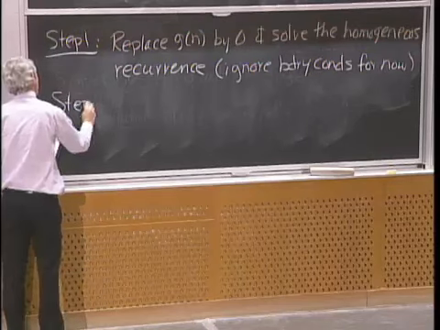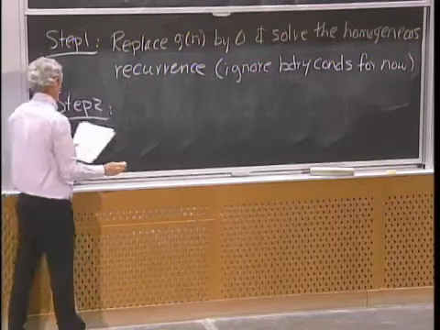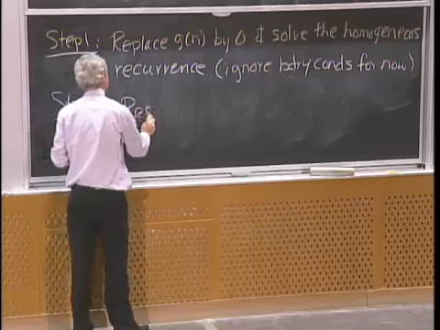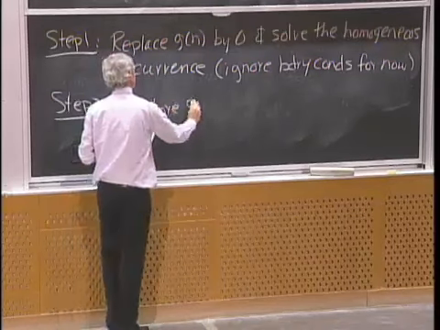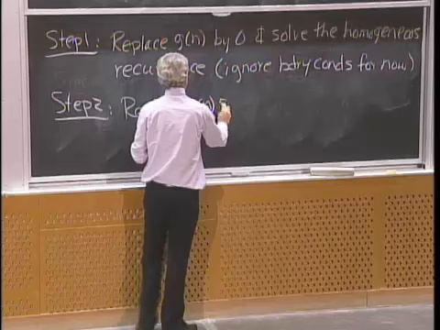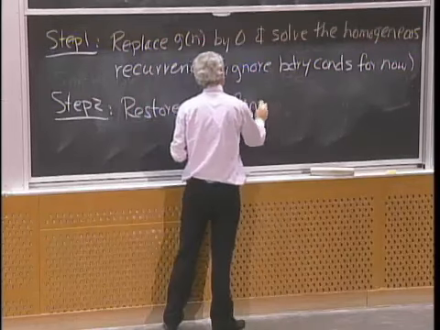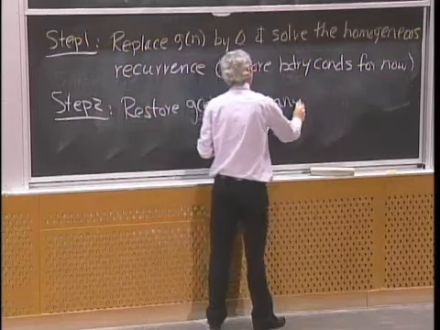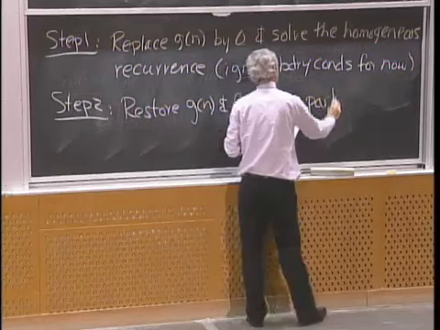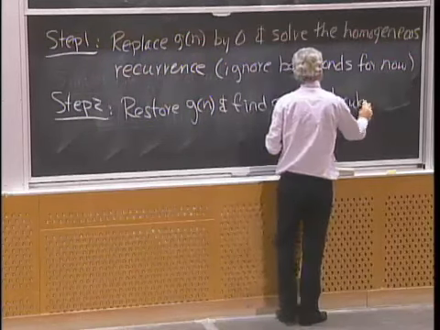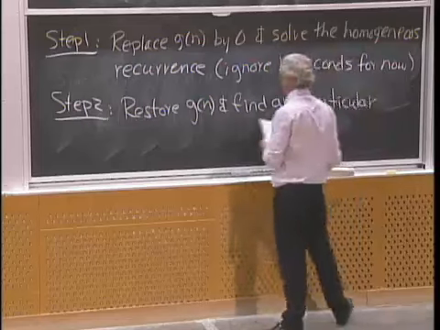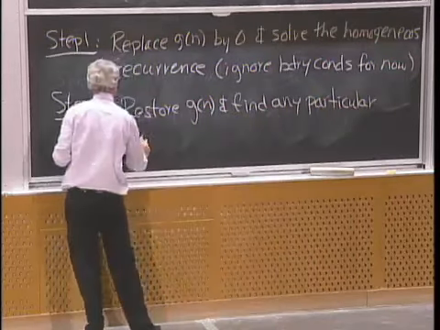Then in step 2, we put back in g of n. And we find any what's called particular solution. Again, ignoring boundary conditions.